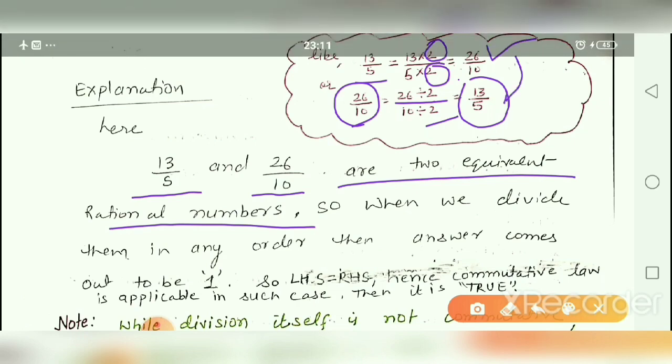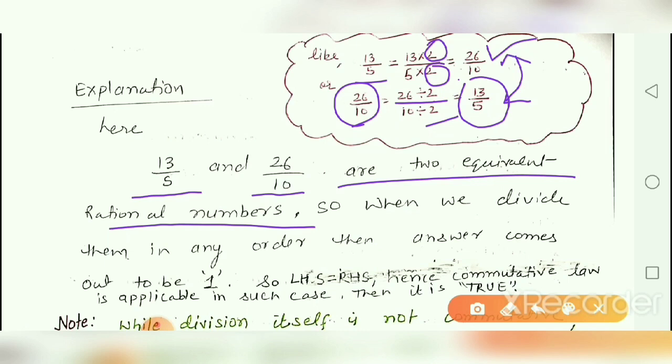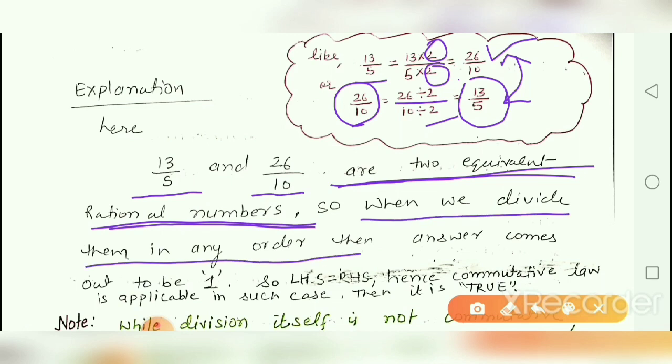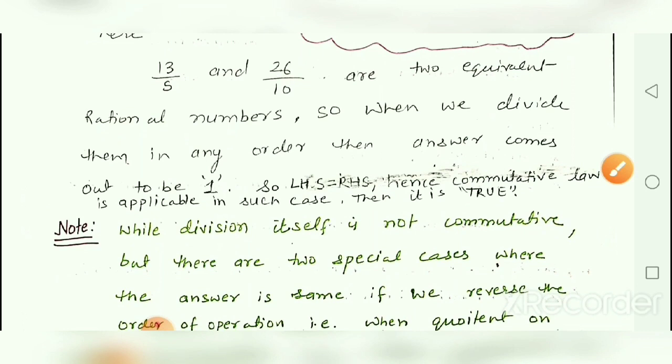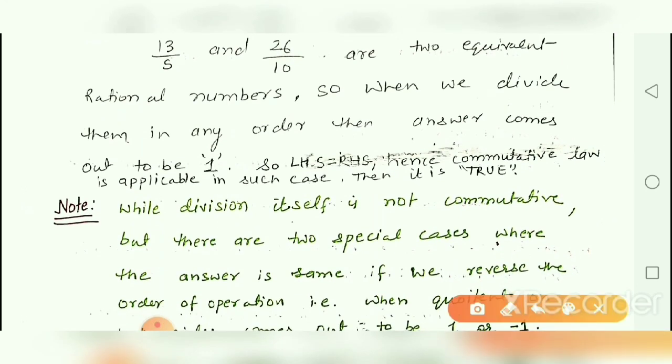So these two numbers are equivalent rational numbers. So when we divide them in any order, the answer comes out to be 1. So the left hand side is equal to the right hand side, hence commutative law is applicable in such cases.